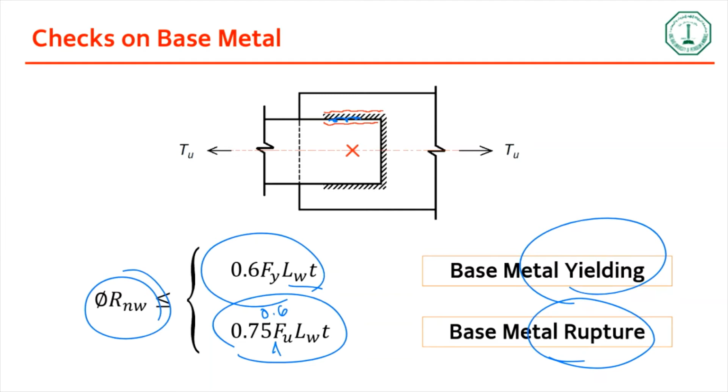So in an actual design position, you'll probably have to increase the thickness of the base metal, or adjust some other parameters such that the base metal does not fail.